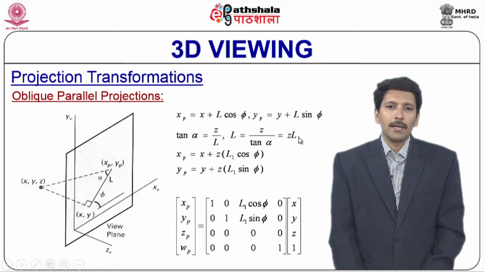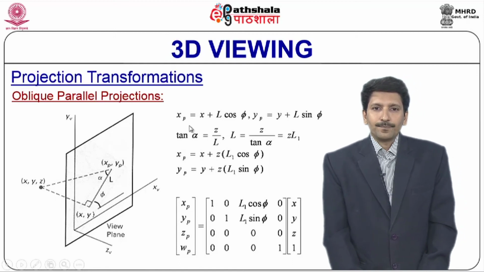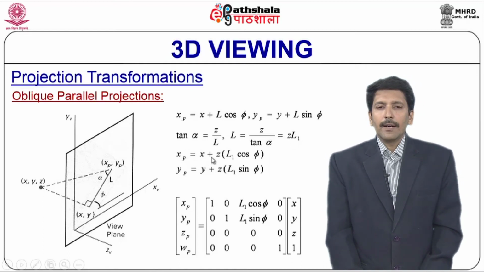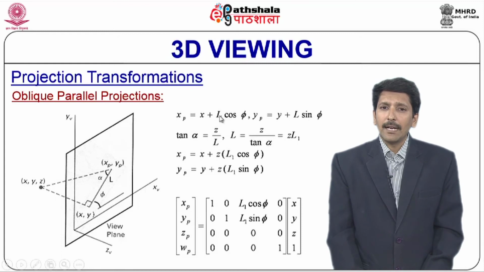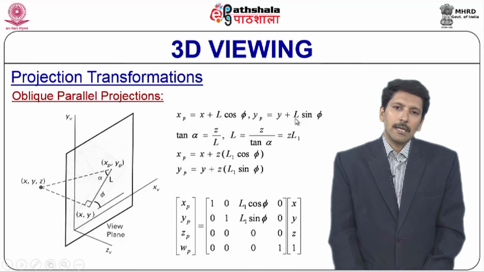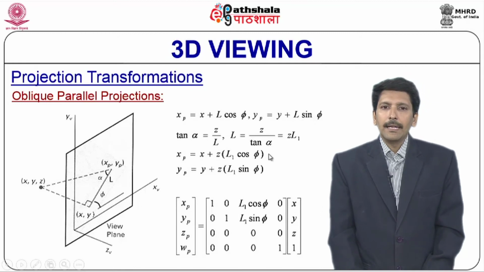Now xp is equal to x plus L, which is z L1. Replacing L in this equation with z L1, xp is equal to x plus z L1 cos phi, and yp is equal to y plus z L1 sin phi. They are the two equations.